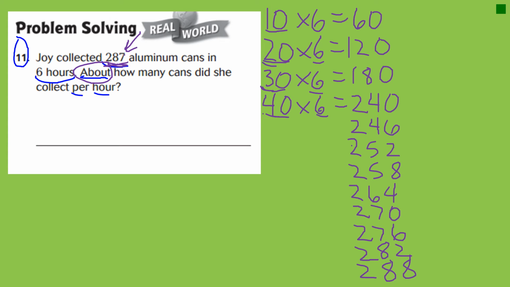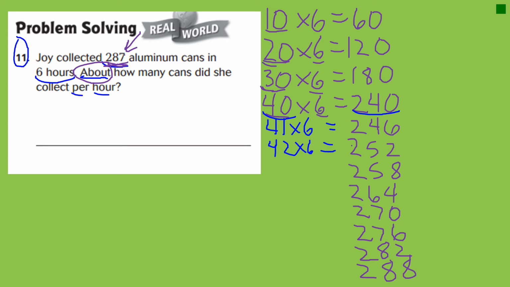So we have to back up here. See what we have. What are we working with? 40 sets of 6 is 240. So we added on one set of 6 at a time. This is 41 sets of 6, right? This is 42 sets of 6.